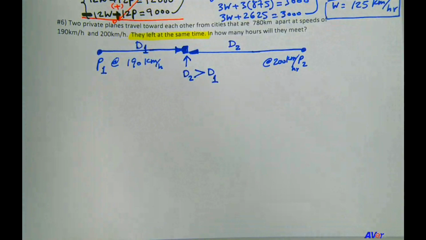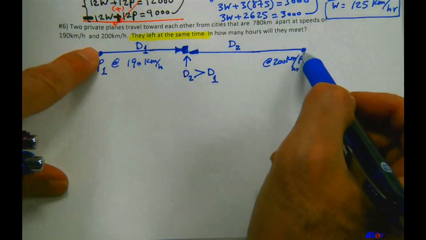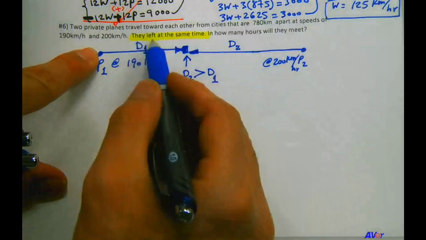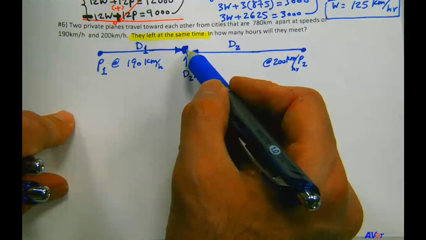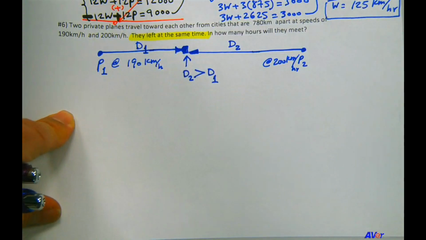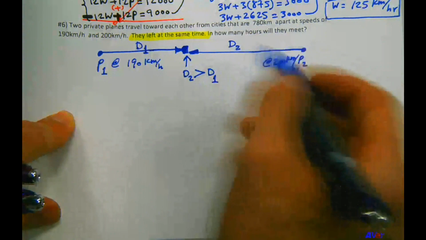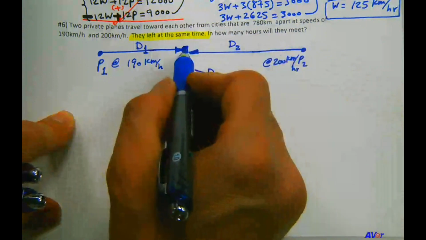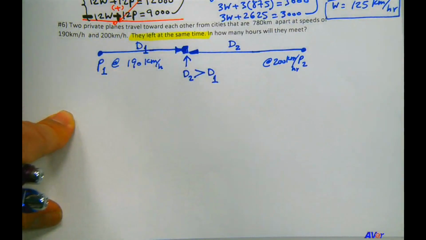The other thing we should know is that because they left at the same time, and that's why I highlighted that, when they meet, they must have been flying for the same duration. At the time they reach each other, they must have been in the air the same length of time.